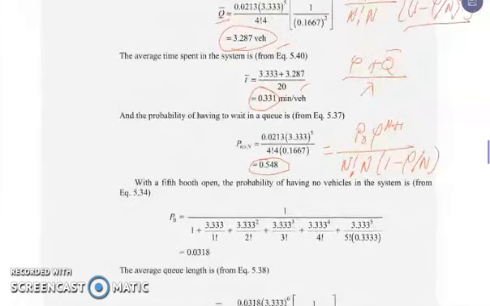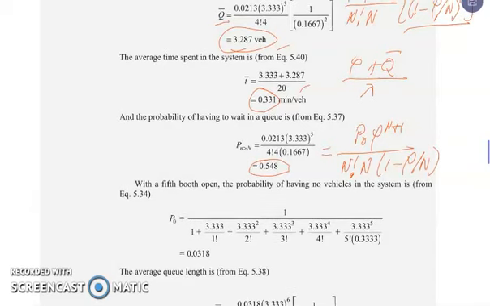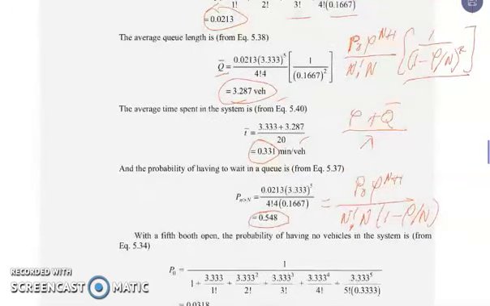We compute all of those that we have done a while ago. However, the only difference is that there are 5 booths open, so our n sub c here is equivalent to 5.